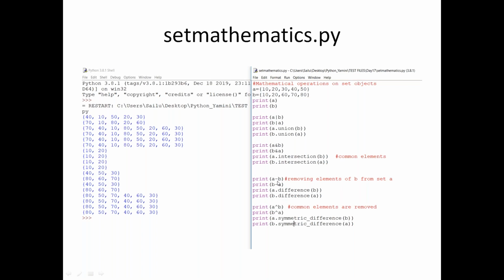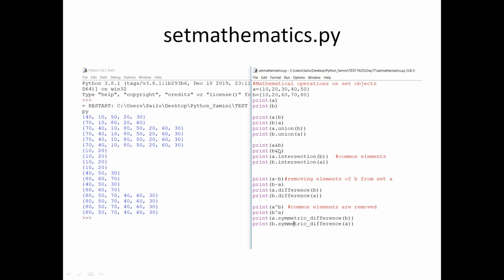That is nothing but difference. Though I show it four times, that does not mean I have four different concepts. I have shortcut keys: A pipe B is nothing but A.union(B), and B pipe A is nothing but B.union(A). The concept is the same, but you have two options.